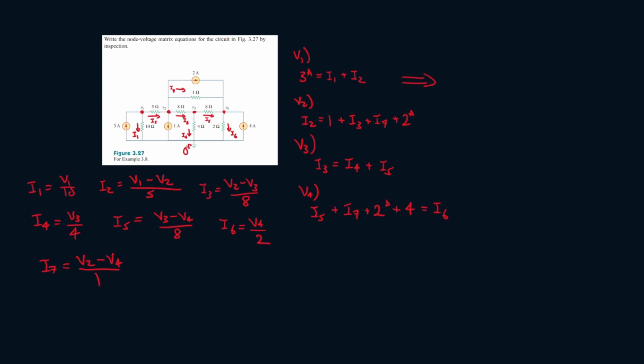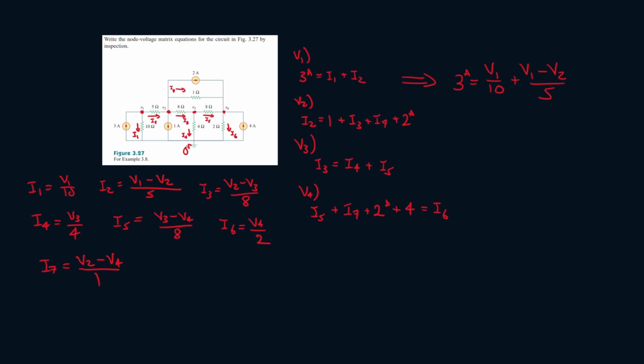Okay, so for the first one, it'll be 3 amps is equal to I1, V1 over 10, plus I2, V1 minus V2 over 5. Let's see what's next. Okay, then we have the second one. So this one's already done.